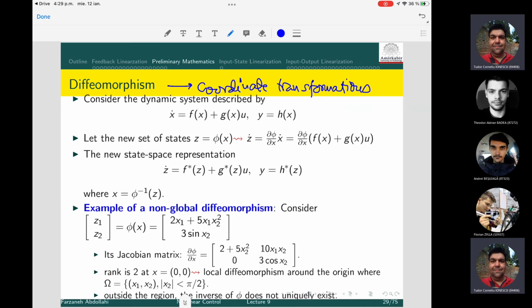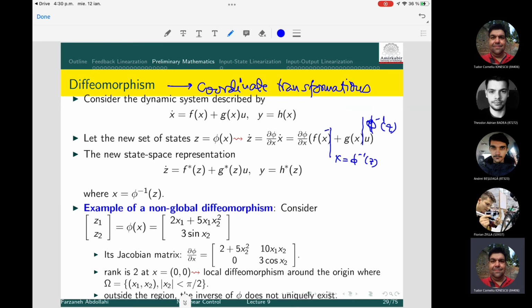Here they just forgot to mention x is phi inverse of z, because you need to write everything in terms of phi inverse of z. And in the new representation, you have this form of the system. The system is the same, but with a new state-space representation in the coordinates z, and x is phi inverse of z.